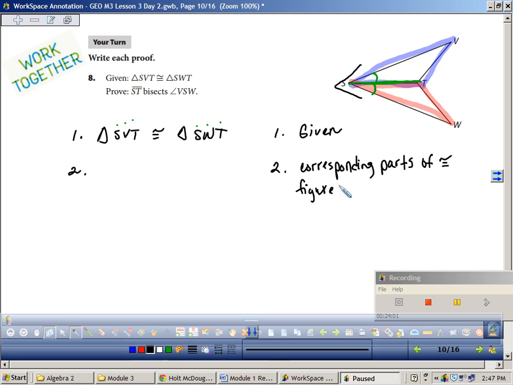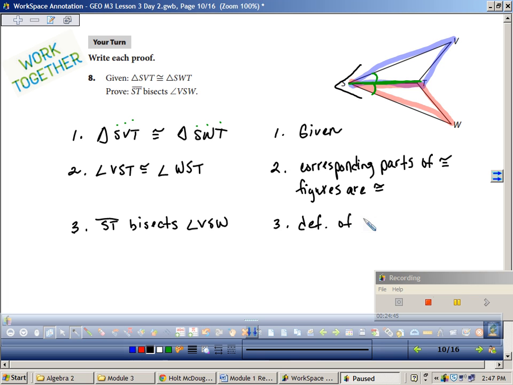So if that angle is congruent with that angle, then I know that ST bisects angle VSW because of the definition of an angle bisector. And we're done.